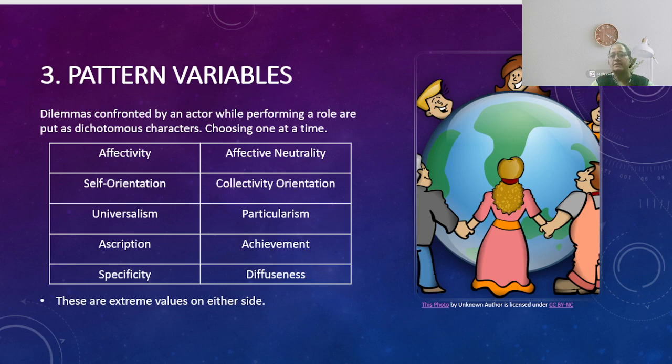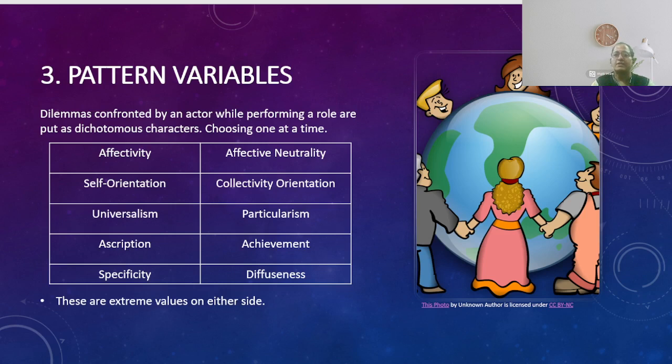The first one is affectivity, and the other one is affective neutrality. You see, they are kind of opposite of each other, right? If you are performing in this first, affectivity, then you cannot do affective neutrality at the same time. So these are kind of contrasting dichotomous sets together. Okay, or these are opposite of each other.